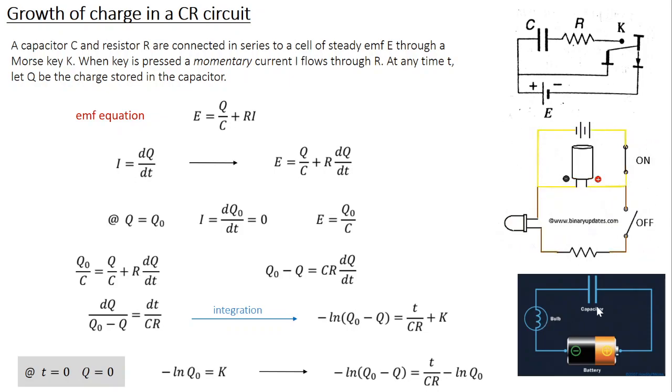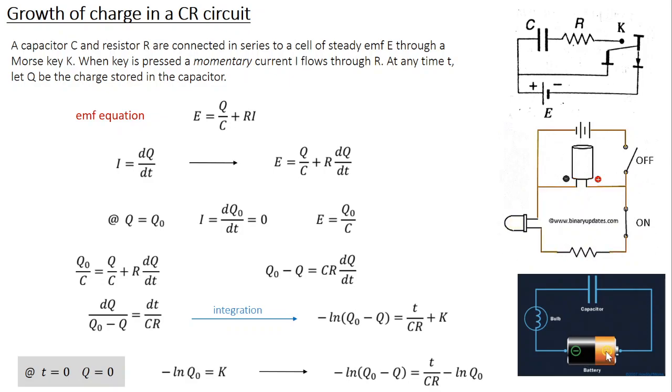Finally, at one point, the capacitor gets fully charged. In other words, all the charges which were previously available for the current flow now get stored in the capacitor. So there is no more current in the circuit. As a consequence, the bulb completely switches off. So you have a temporary current while the capacitor was charged.